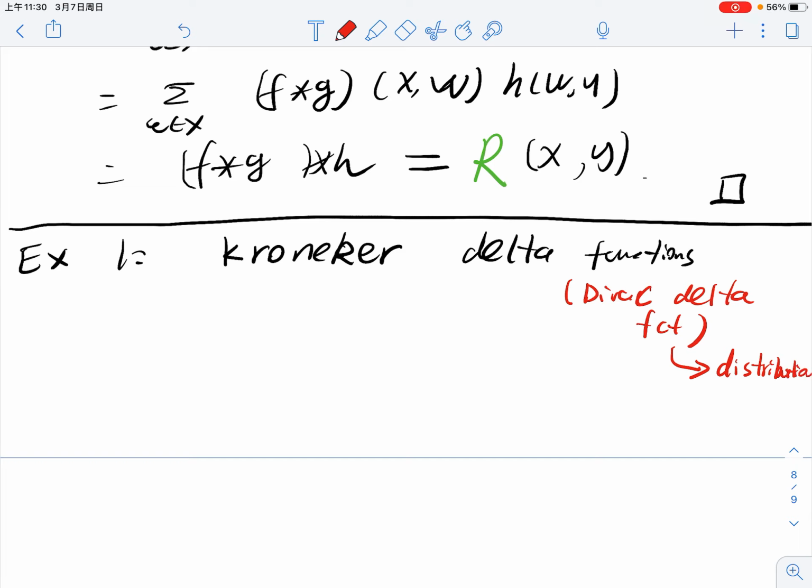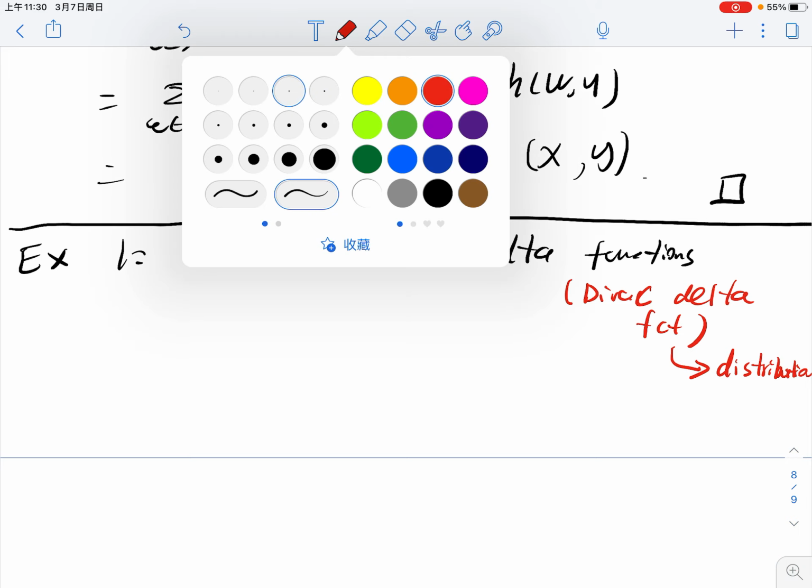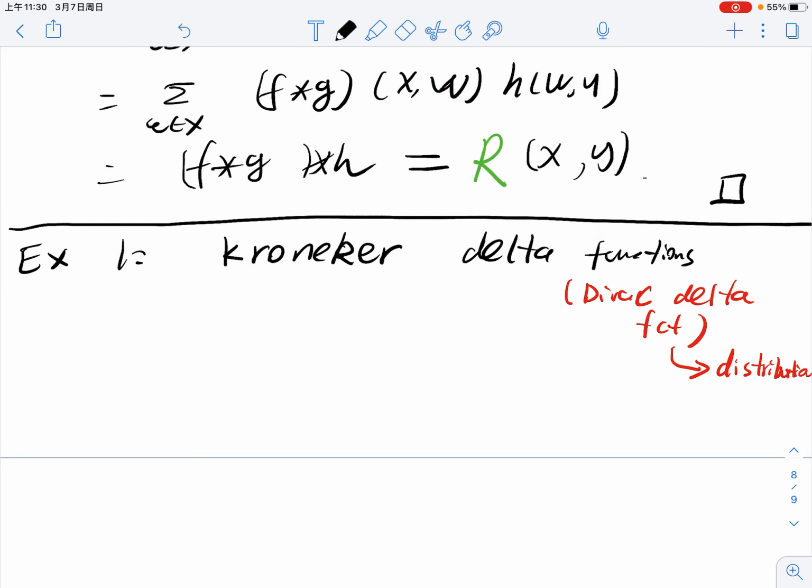But for the finite case, it's really a function, and we can see it clearly. If you have interest, you can search for the Dirac function and distributions. This is a very important notion in PDE.